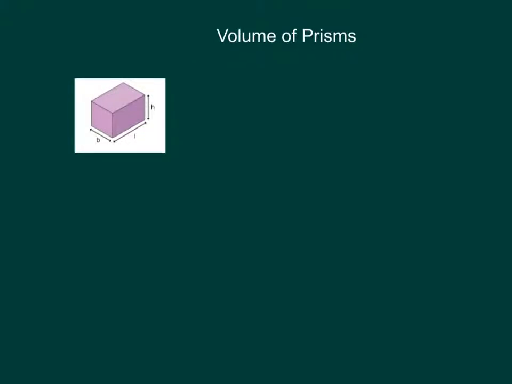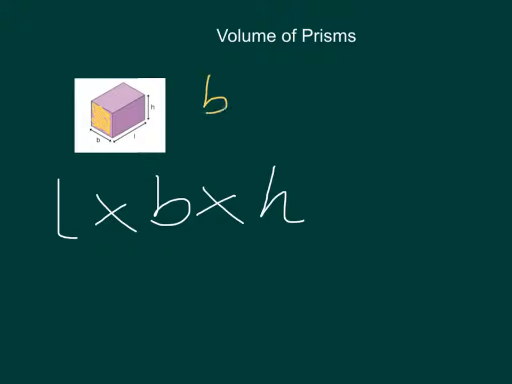We are going to look at the volume of prisms. Now we already know that the volume of a cuboid is length times breadth times height. Now the surface area of this shaded bit of the cuboid can be written as breadth times height.